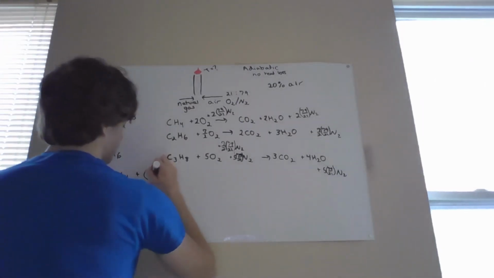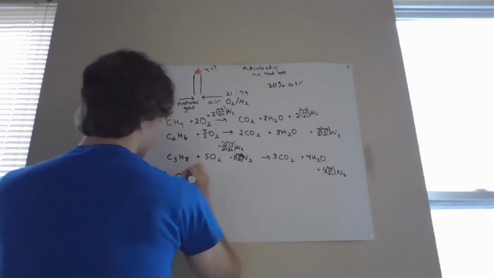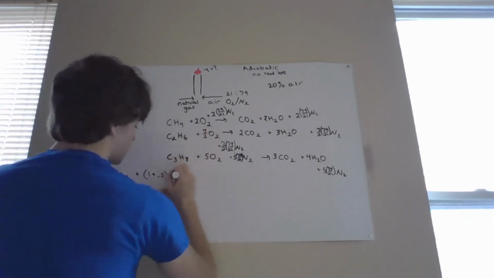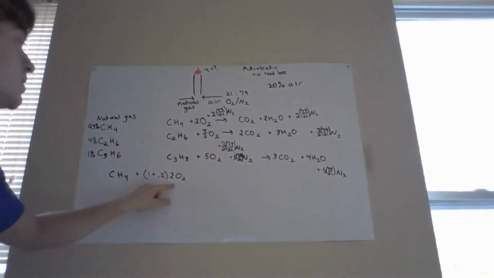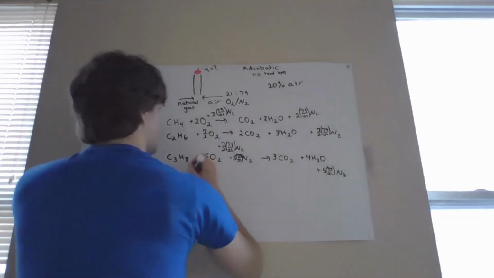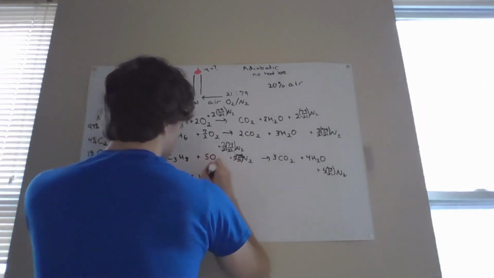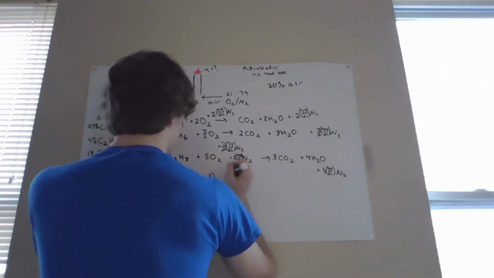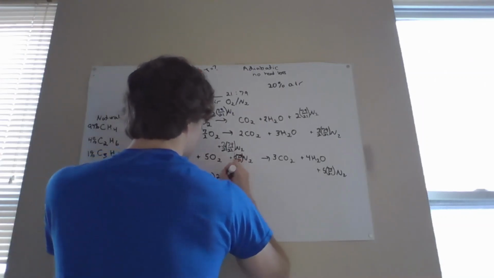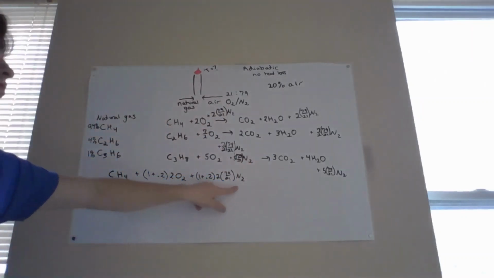That will be 1 plus our excess, which is 20%, times our oxygen, and we have 2 moles from the reaction. That will be the amount of moles of oxygen that goes into the flame. And then the same thing for the nitrogen, which accounts for the extra moles of nitrogen.